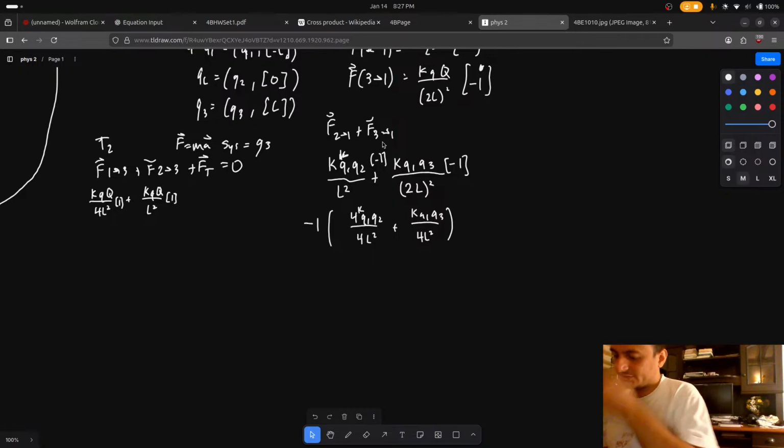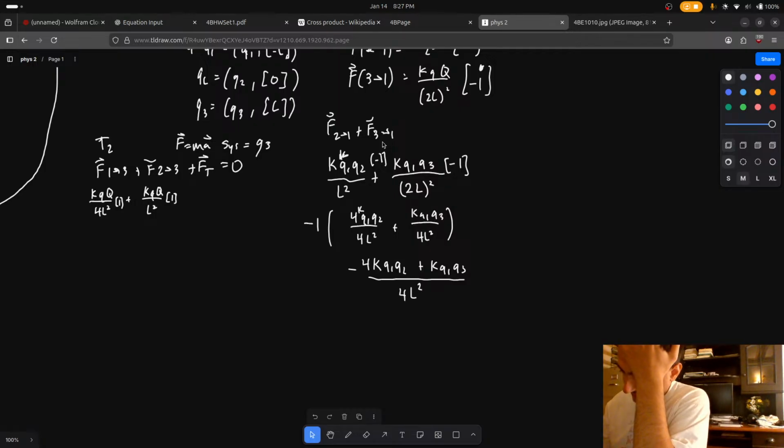Okay, this is 4L squared. So here we can make it 4 k q1 q2 plus k q1 q3 over 4L squared minus. So then this is plus ft is equal to 0.